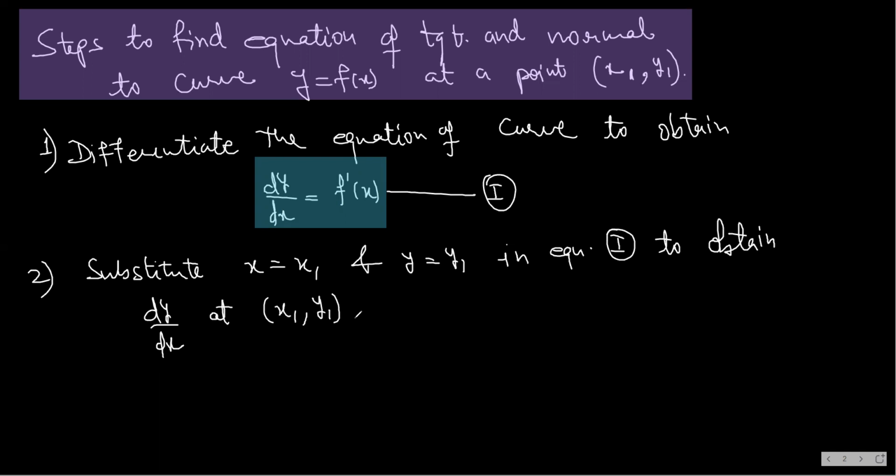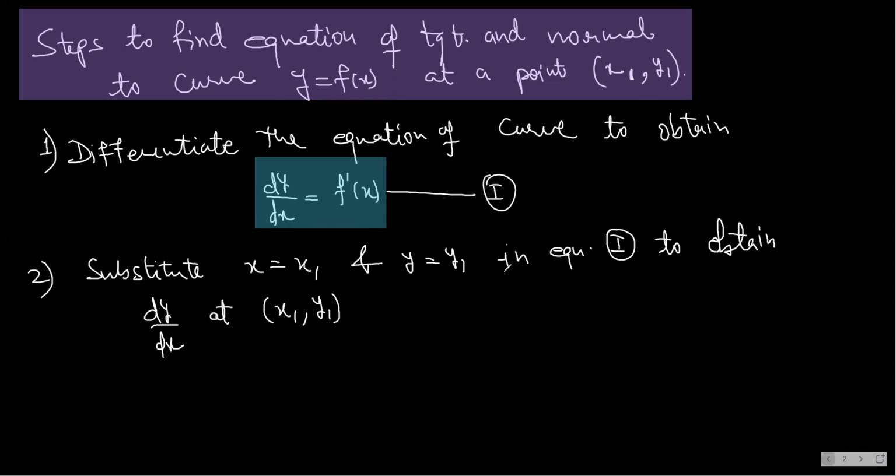This is a very important step. After we have differentiated, we get dy by dx. In this dy by dx, wherever you see x, you will put x1, and wherever you see y, you will put y1. Why? Because you are finding the equation of the tangent at the point x1, y1.